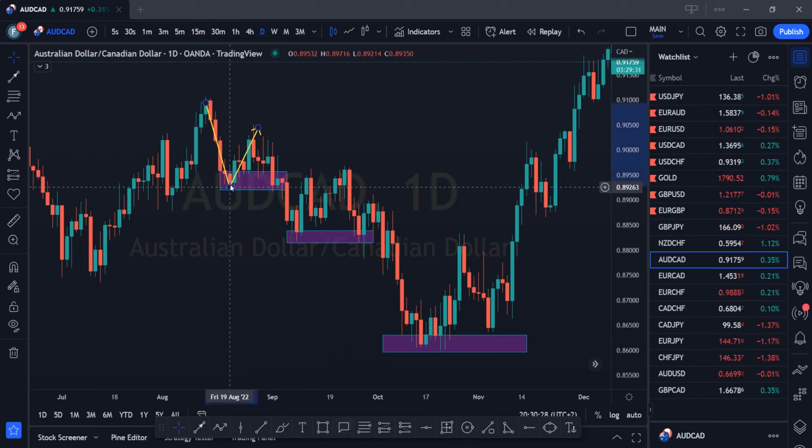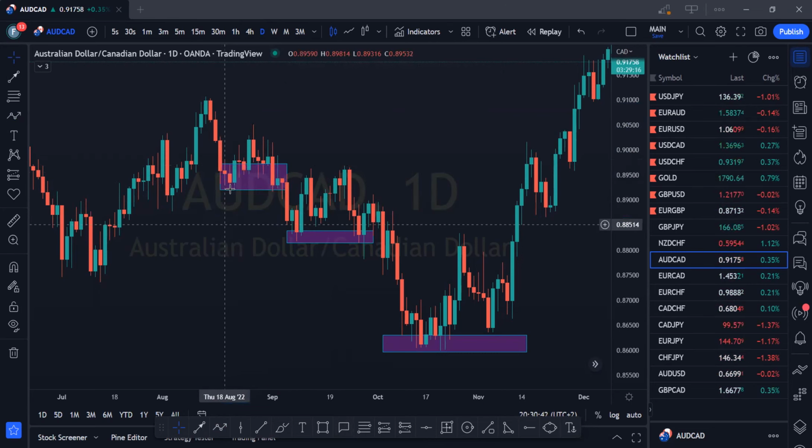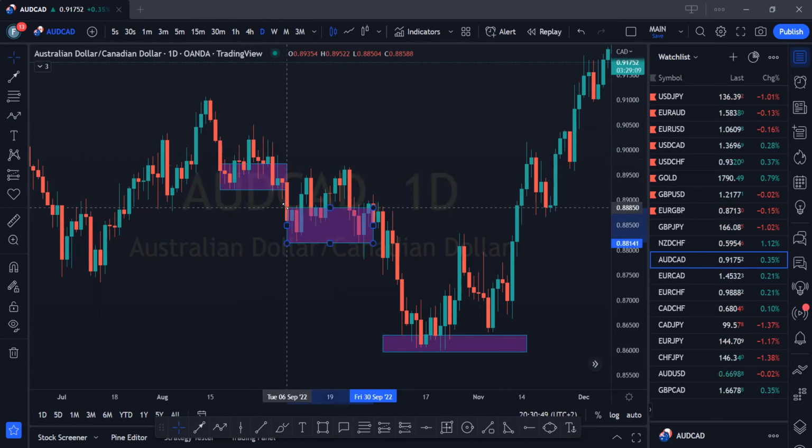The best way is to use the last extreme candle, in this case this red candle before the reversal. So all of this zone is a support zone.